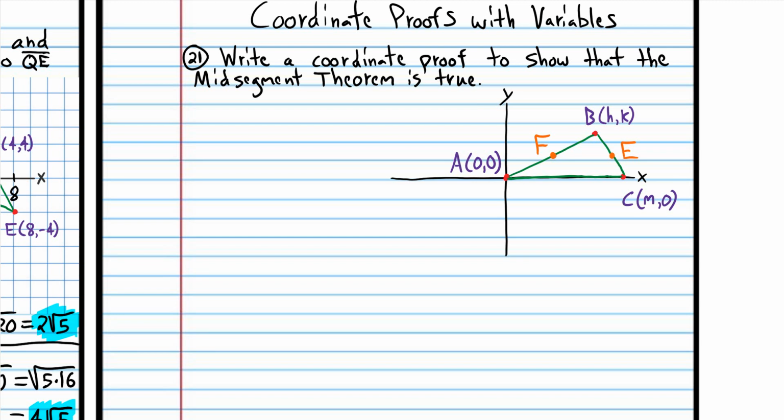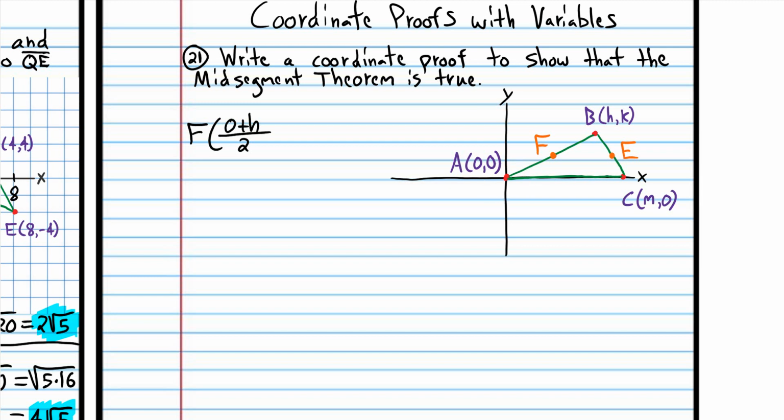So we need to find F, which is going to be, add the x values of A and B. So that would be 0 plus h. I'll move it down a little bit. 0 plus h over 2. And again, it's really important to understand that you always want to position your polygon so that one of the vertices is at the origin.